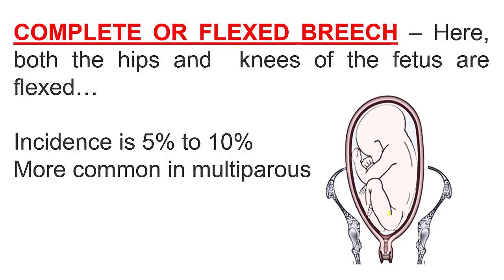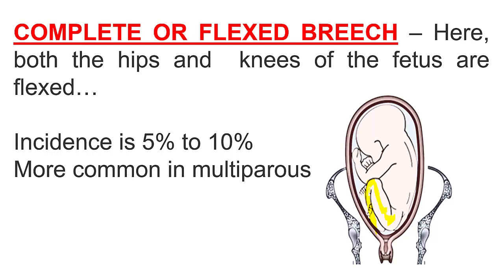Now in this picture, the thigh is in forward direction, meaning there is the flexion of hip, and the leg is in backward direction. So such type of breech in which both hip and knee are flexed, or we can say that the thigh and legs are flexed.